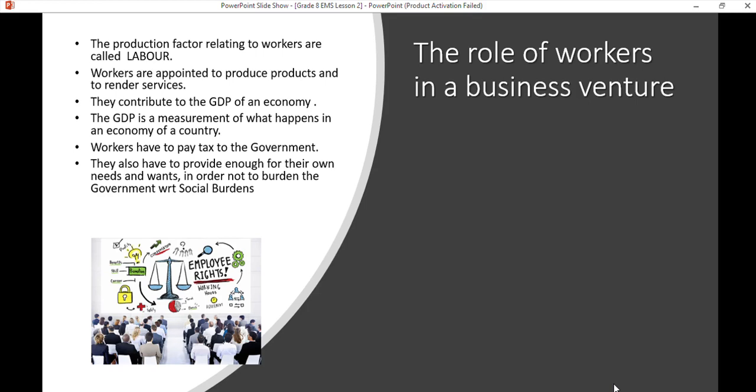Now let's take Volkswagen as an example. Volkswagen employs 500 people in this scenario that I'm creating, and they produce toy cars. It's Volkswagen Toy Cars is the company. They produce toy cars, and your function as a laborer is to help manufacture cars.